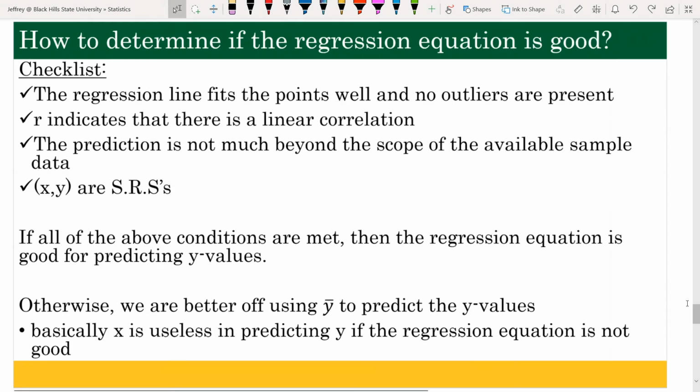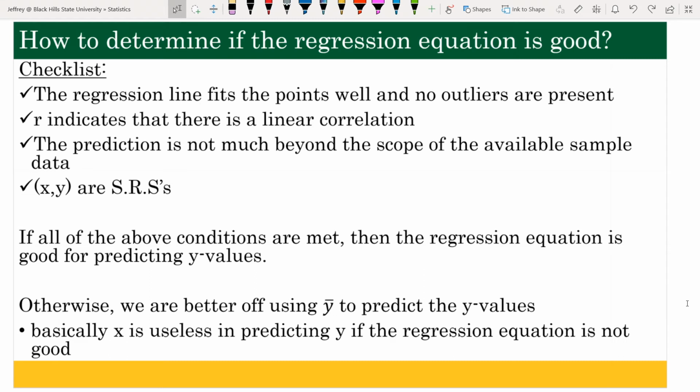And I guess right before we look at a problem, we need to briefly go over the fact that we need to check our assumptions. So we need to make sure that the regression line does fit our points decently well and no outliers are present. We need to make sure that there is in fact a linear correlation. So it would be wise to do a hypothesis test or to at least compare R with your R crit value from the table.